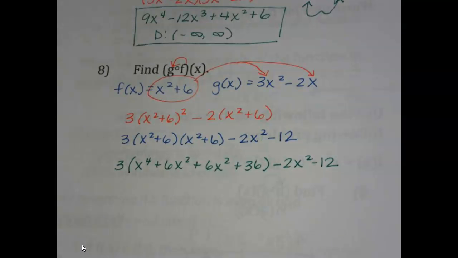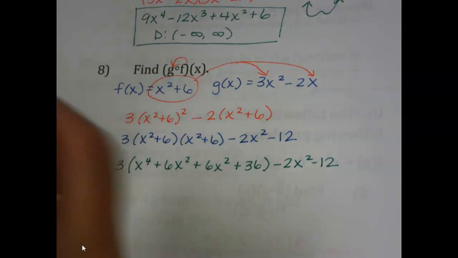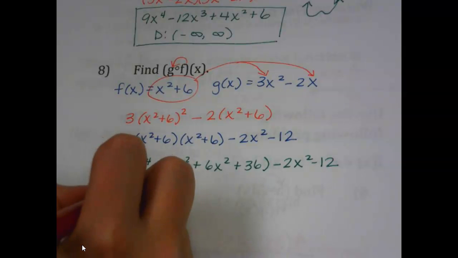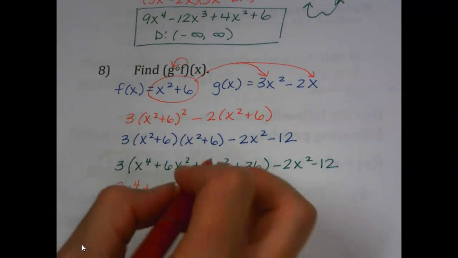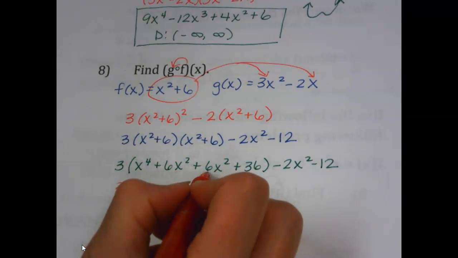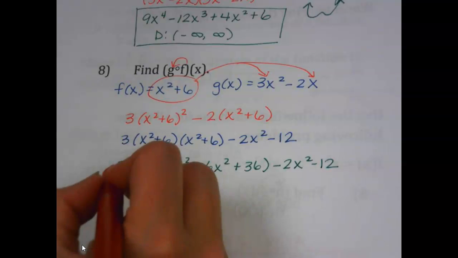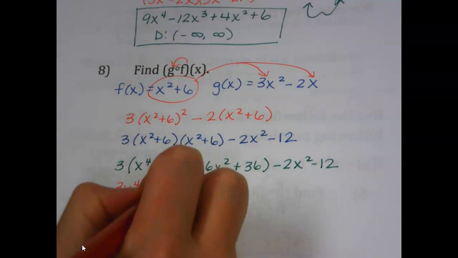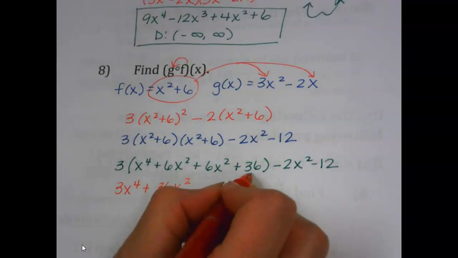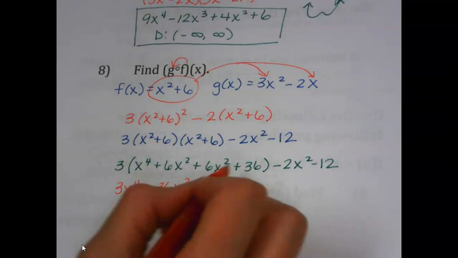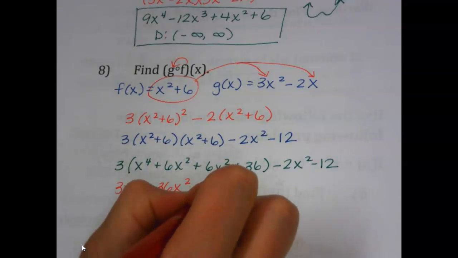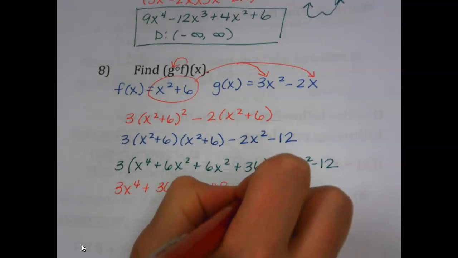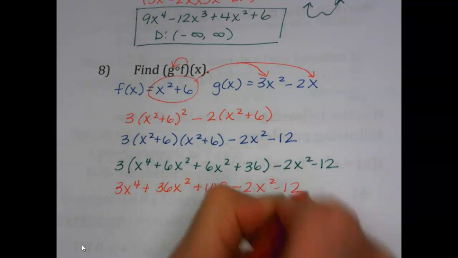Then we want to distribute the 3: 3x to the 4th plus, if we add those together, because those are like terms, that would be 12x squared times 3, so 36x squared. Plus 3 times 36 is 108, minus 2x squared minus 12.